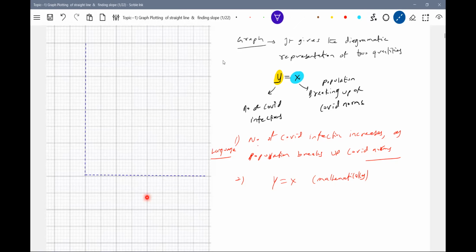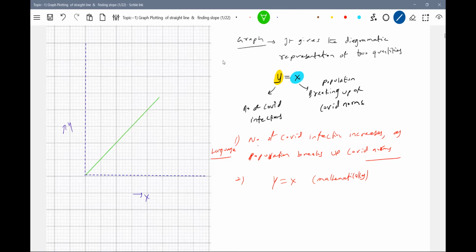Okay, I think it's visible now. So I'll just put y and x. And I can show that initially the graph was like this. What does it mean? It was increasing linearly.